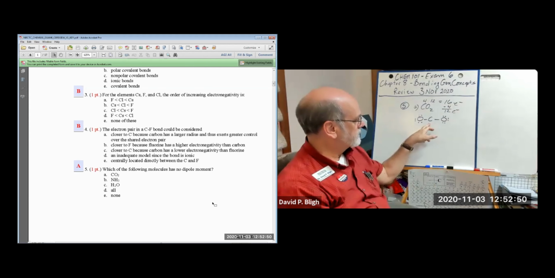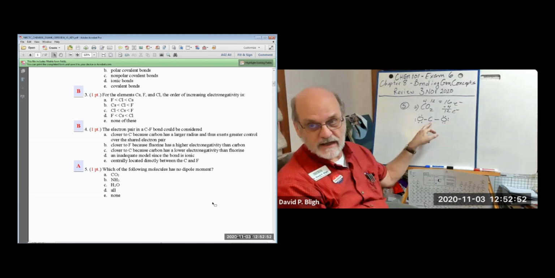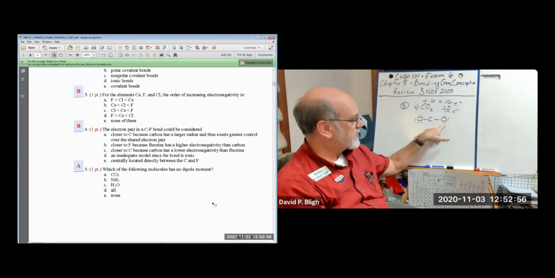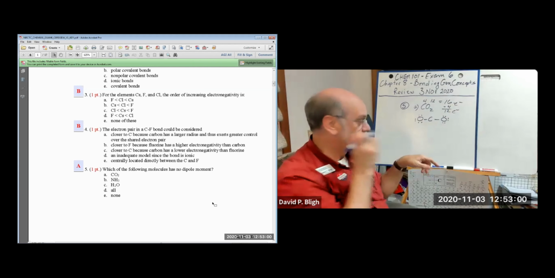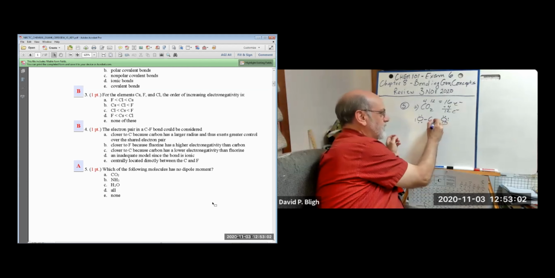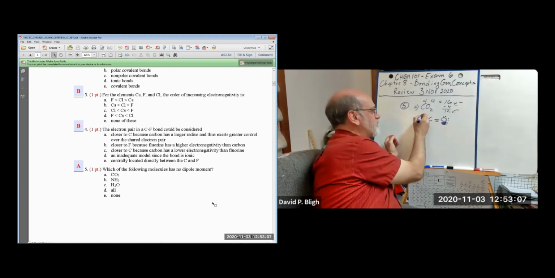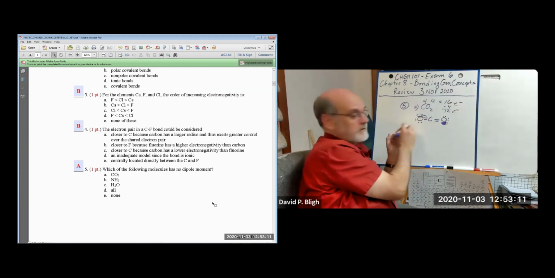In this case, carbon doesn't have an octet, but both oxygens do. So we take a pair from this side and make a double bond. We take a pair from this side and make another bond.